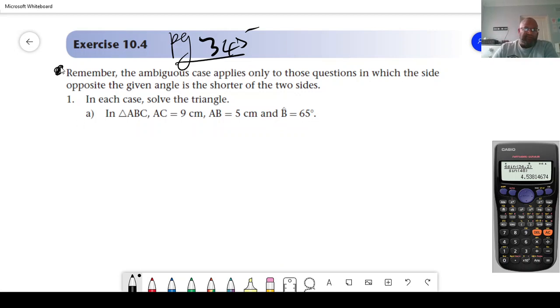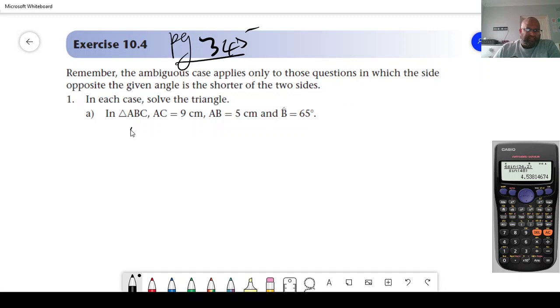When do we apply the ambiguous case? The only time we apply the ambiguous case is when the side opposite the given angle is the shortest. So let's look at question 1. We are told that in each case, solve the triangle. Solve the triangle means to find all the unknown angles and all the unknown sides.